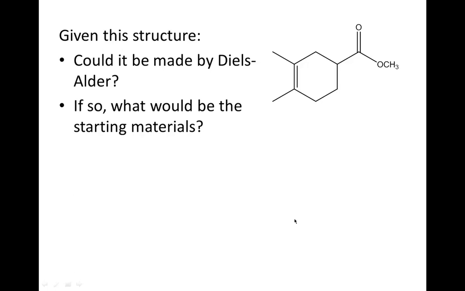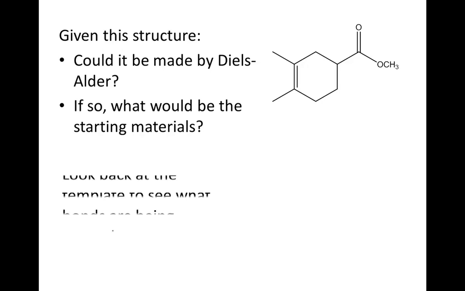So let's look at a structure and say, I wonder if you could make this using a Diels Alder reaction. What are you looking for? Remember that the Diels Alder product is always a 6-membered ring, and there's going to be a double bond in there. Where were the new bonds formed? Remember the diene is this part of it, and then the alkene, the dienophile, is the other part.